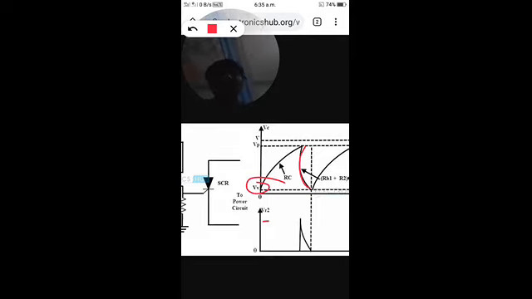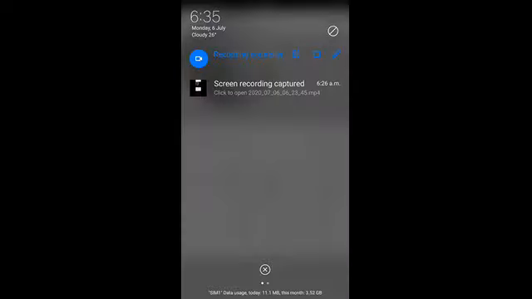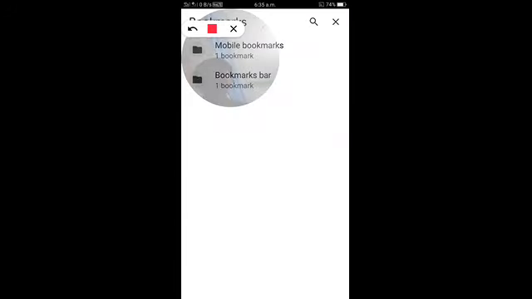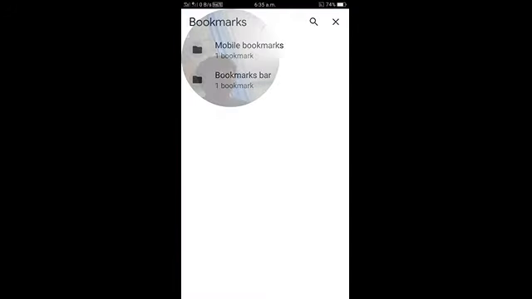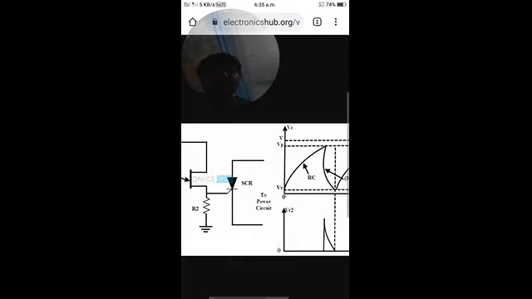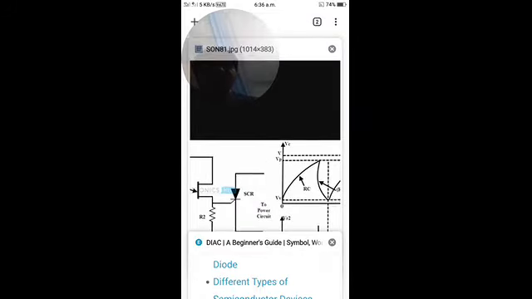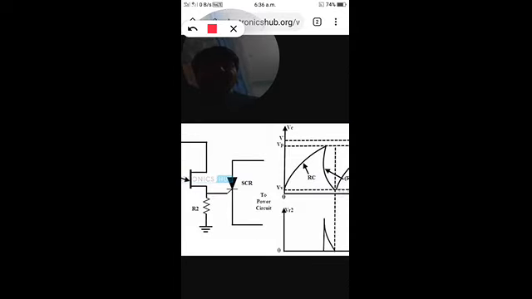the UJT again comes into the off position.